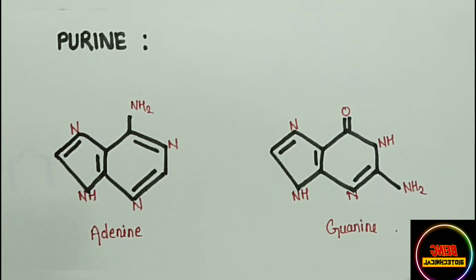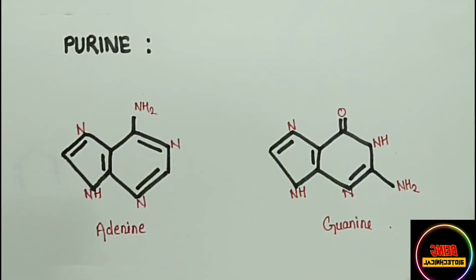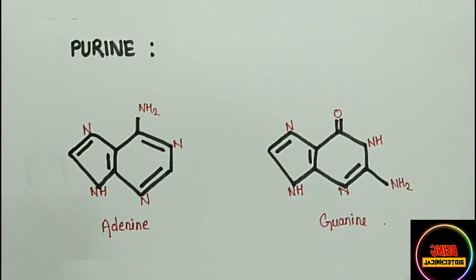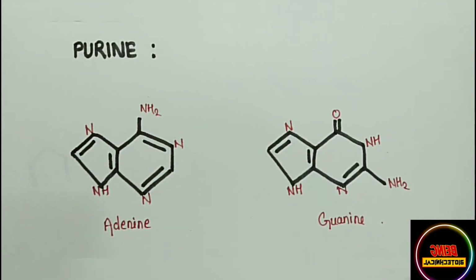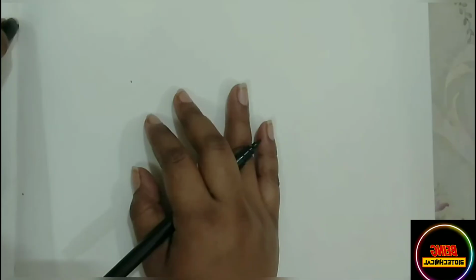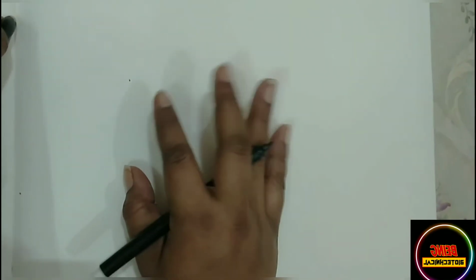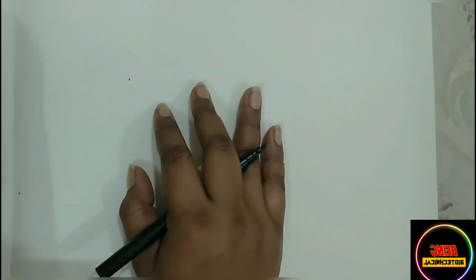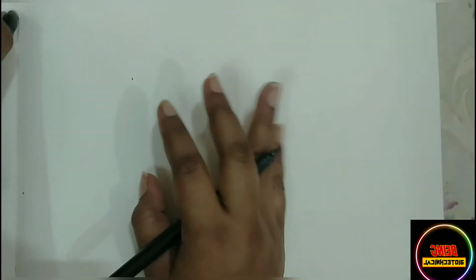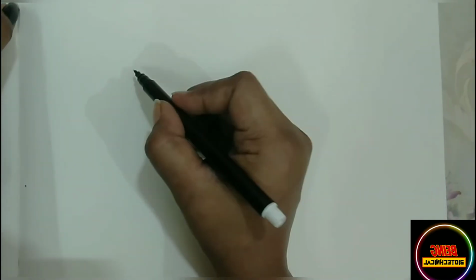For your better understanding, I have simplified their structures so that you never forget drawing them. The structures of the purines, adenine and guanine, are almost similar. At first, we need to draw an English alphabet.